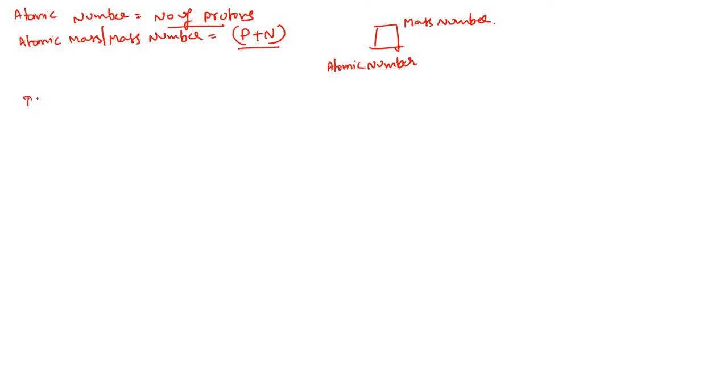So what is isotope? Means atoms with same atomic number but with different mass numbers. Means for isotopes this number is same and this number is different.